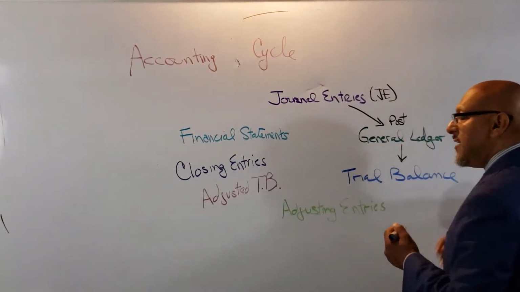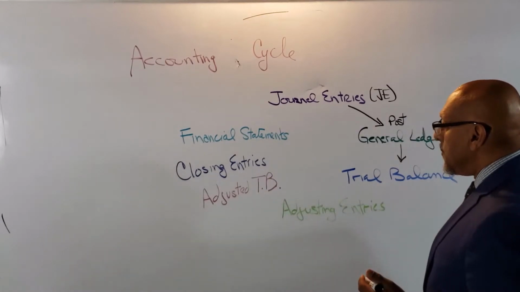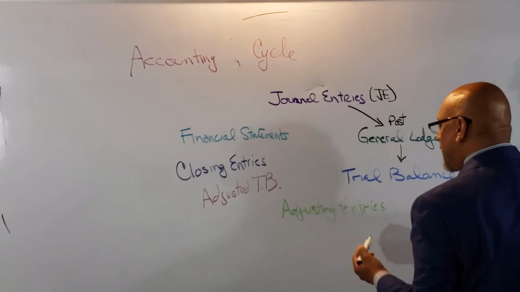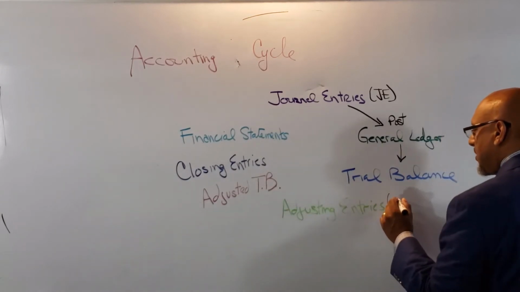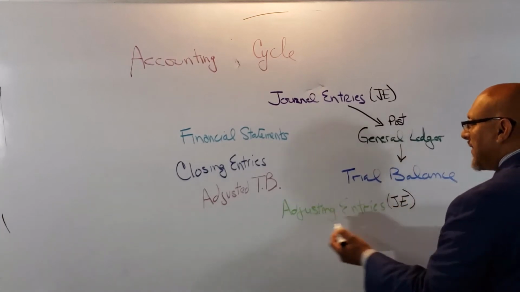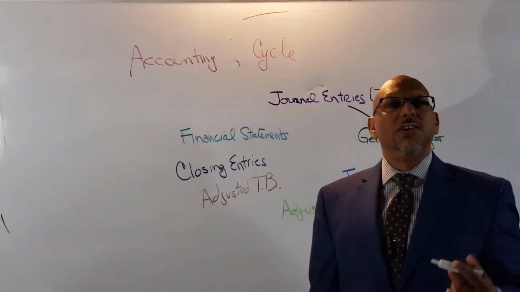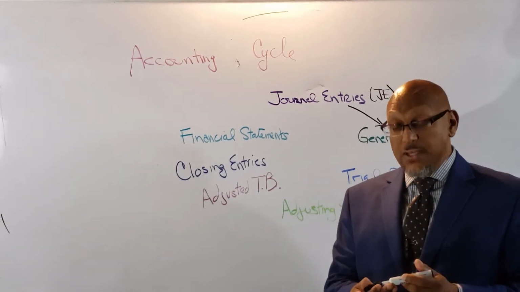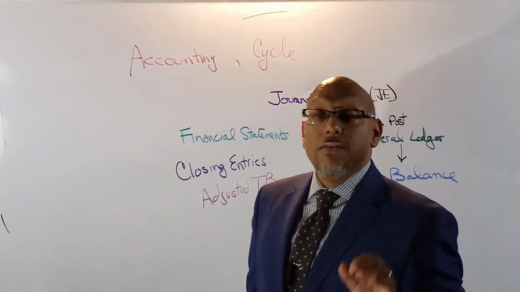Now, at the end of the month, we do transactions called adjusting entries. These are journal entries, so I'll put here JE. But they adjust at the end of the month because of accounts that exhaust, partially exhaust, or fully exhaust because of a month. Think about rent.